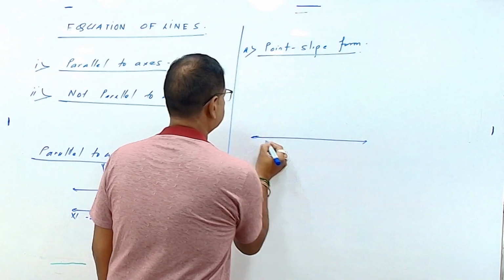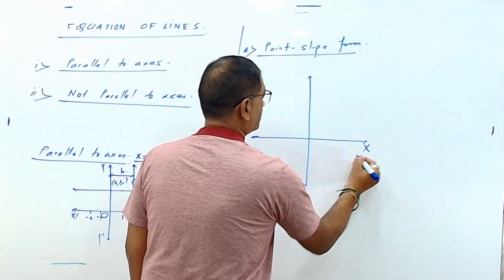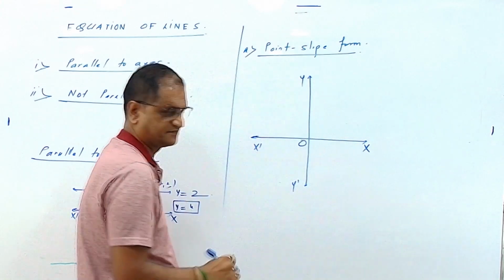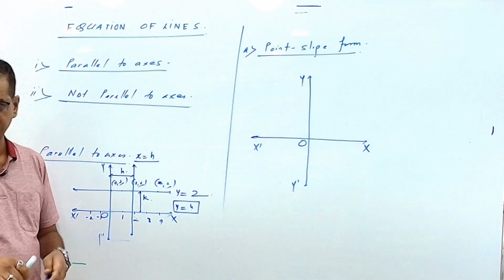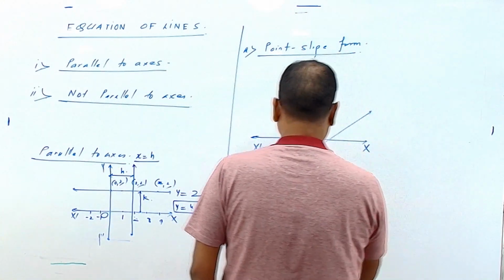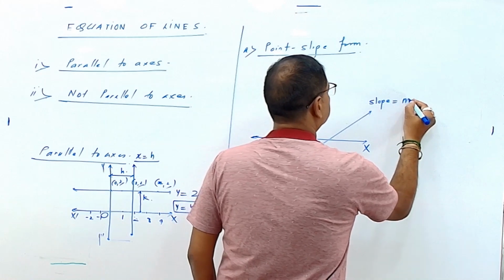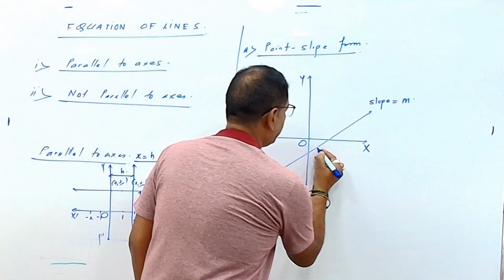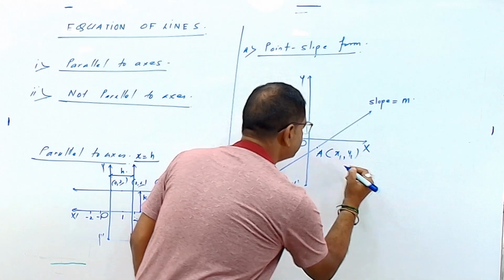In this coordinate system, x o x dash, y o y dash, say there's a line and the slope of this line is given as m. A is a fixed point somewhere over here whose coordinates are also given, x1, y1.